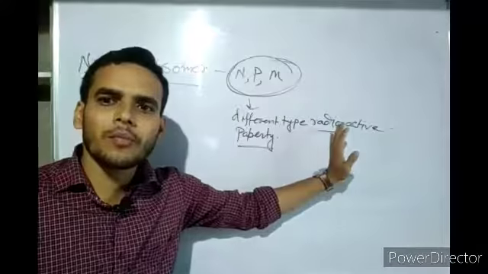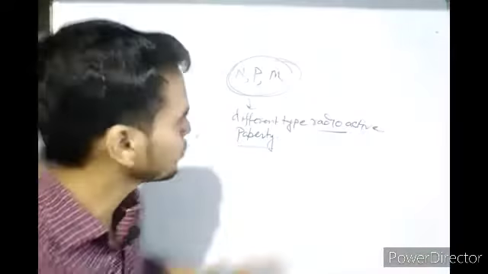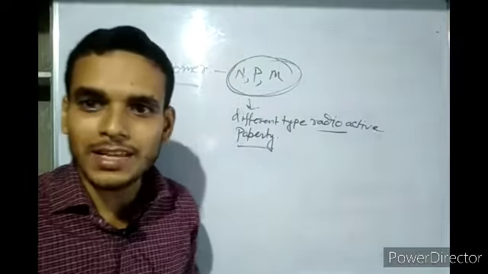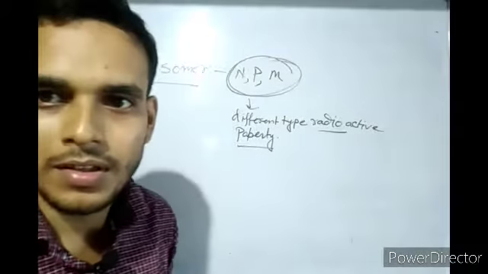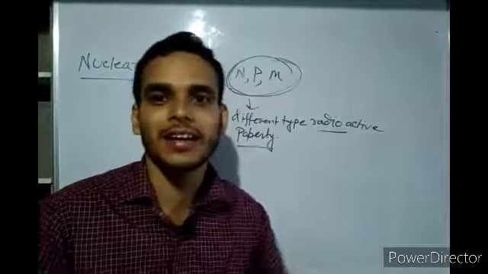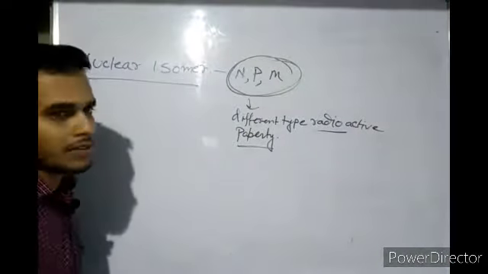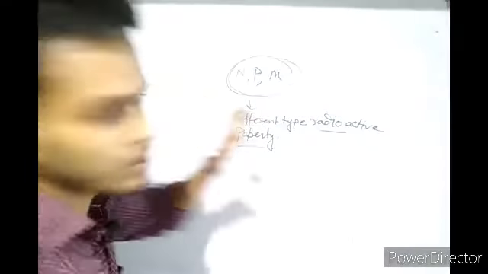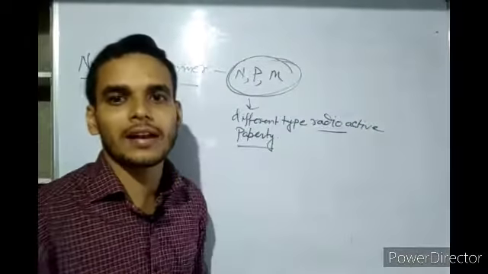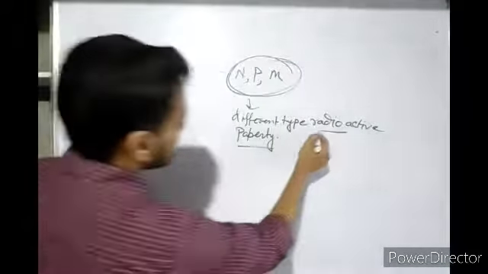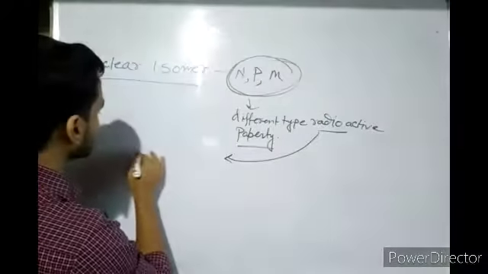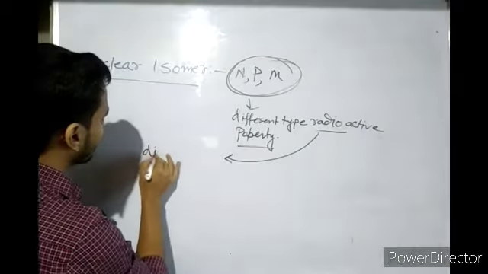The radioactive property is different due to the arrangement of nucleons, that is, the arrangement of neutrons and protons in different energy states. The quantum numbers of those nuclei show the different energy states of the nucleus, so they show different radioactive properties.